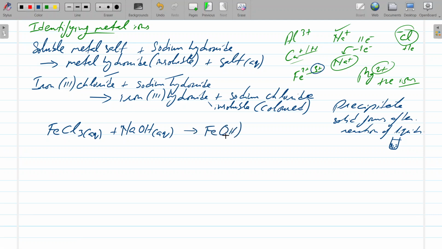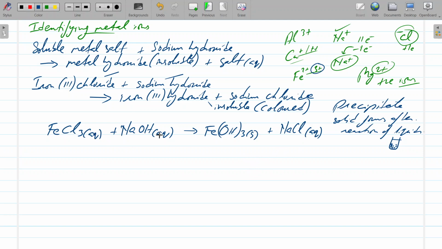What does aqueous represent? Aqueous means it is liquid. Liquid solution, I guess. Yeah.